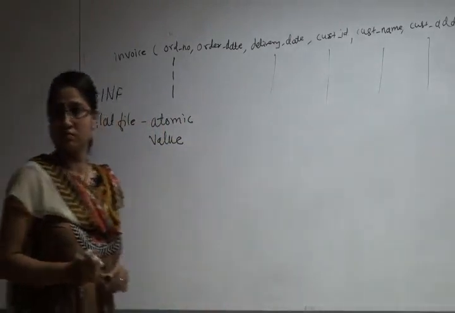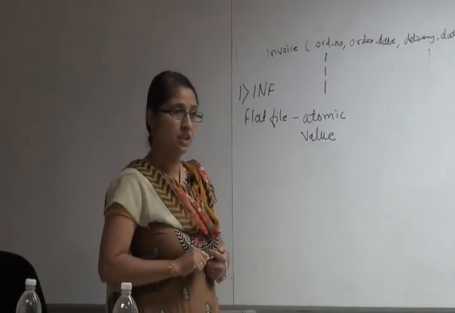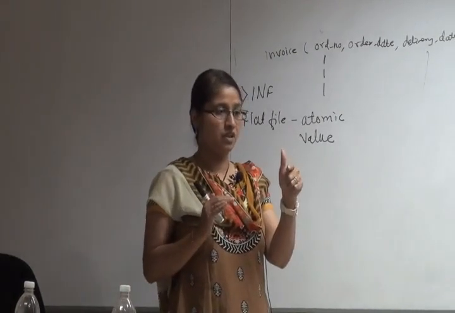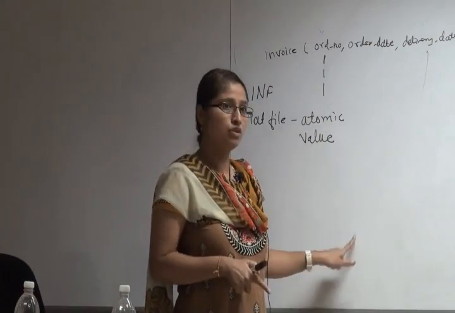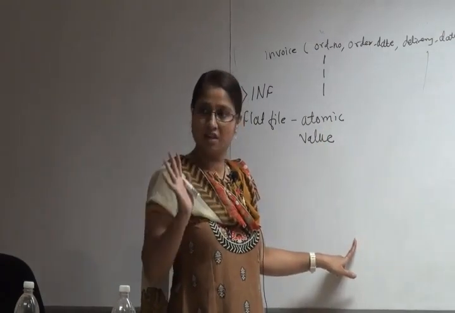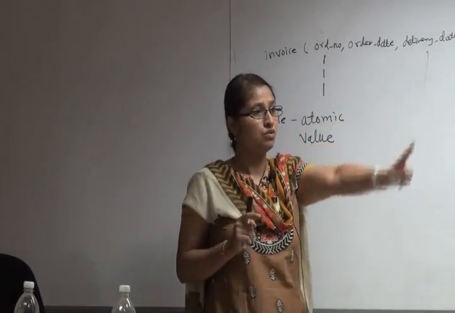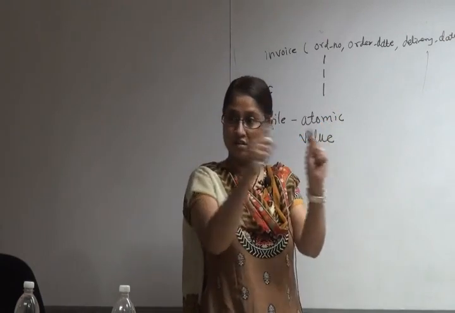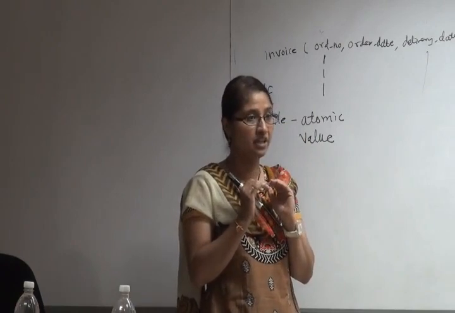But now think, is it structurally stable? If there are 10 items in the order, you are only increasing the number of records. That means your select statement is now fixed. The select list is not changing. So that means structural stability came.